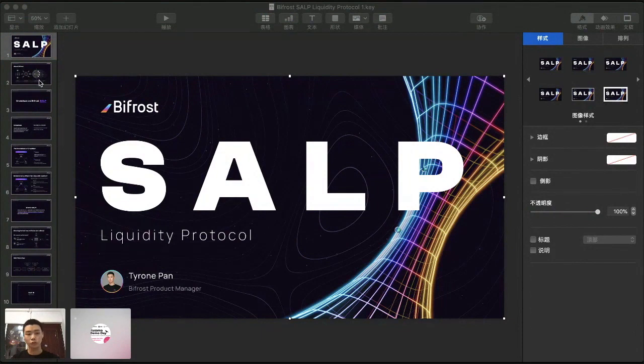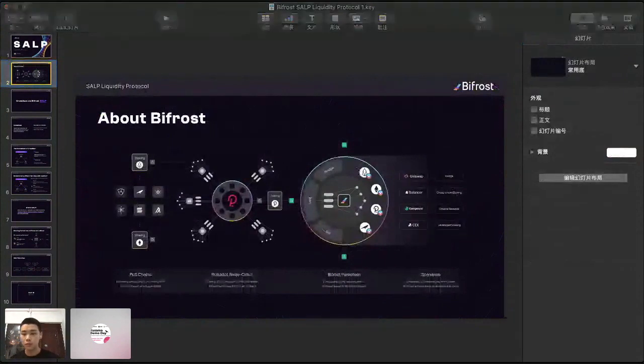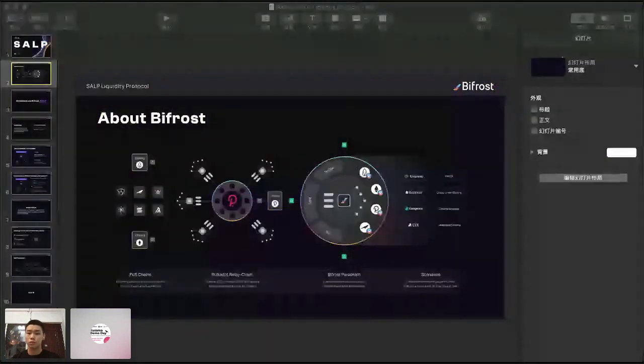First, let us have a brief introduction about Bifrost. Bifrost is a software-based DeFi protocol that provides liquidity for pledged assets such as staking derivatives in different proof-of-stake chains, and to achieve value aggregation among the different ecosystems on Polkadot.